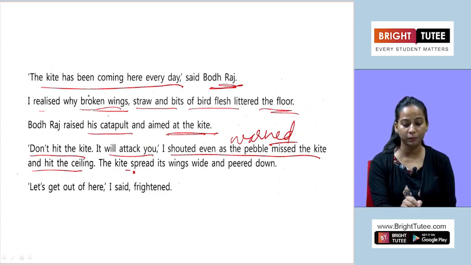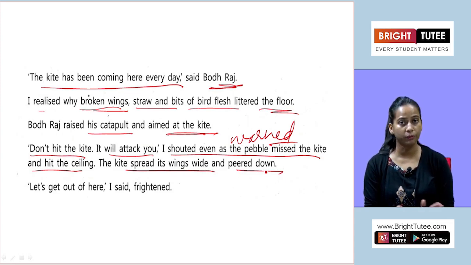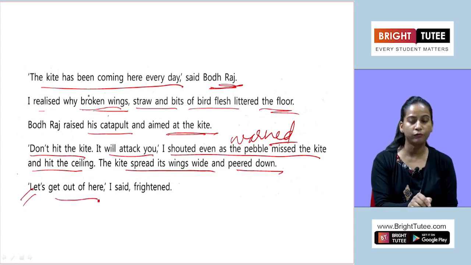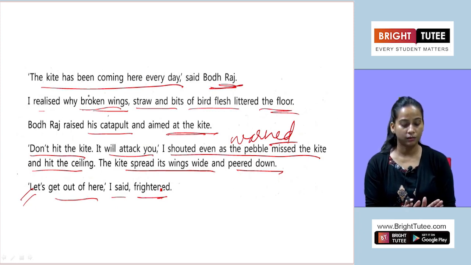The kite spread its wings wide and peered down, and that kite, also warned, opened up its wings and started coming down. Let's get out of here, I said, frightened, and with fear the narrator told him to go out from the godown.